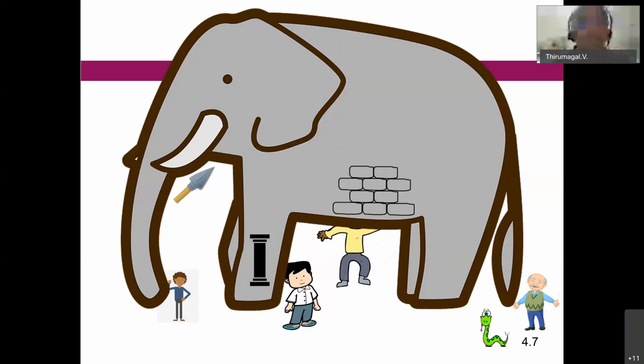Then the fifth blind man touched the trunk and he said, this is like a rope, a very thick rope. Then the last guy climbed over the elephant and touched the ears. He said, this is like a nice fan. It's thin and it is moving. I think it's a very nice, soft fan.